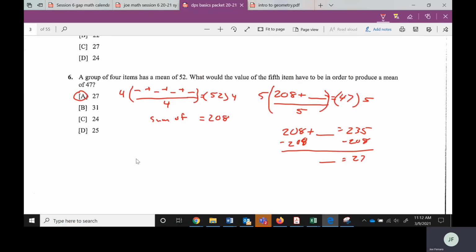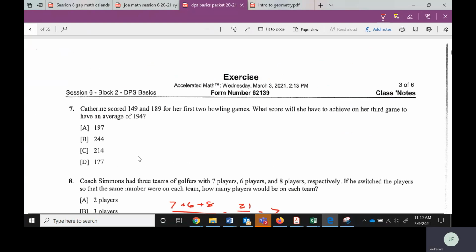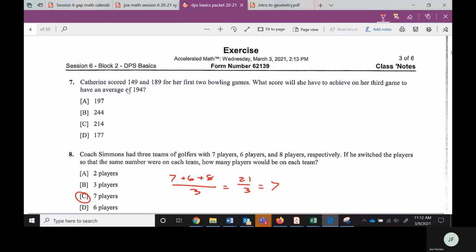All right, so let's find the next one to do. We're almost done. We've got 2 or 3 more here. The next one's going to be very similar. We're going to look at number 7. Catherine scored 149 and 189 on her first 2 bowling games. What score will she have to achieve on her 3rd game to have an average of 194?